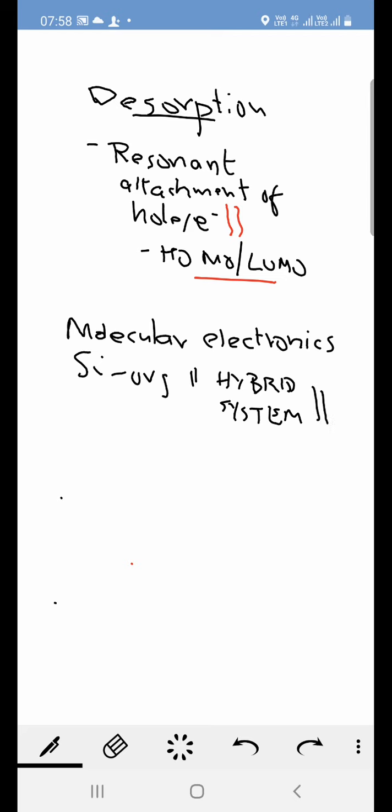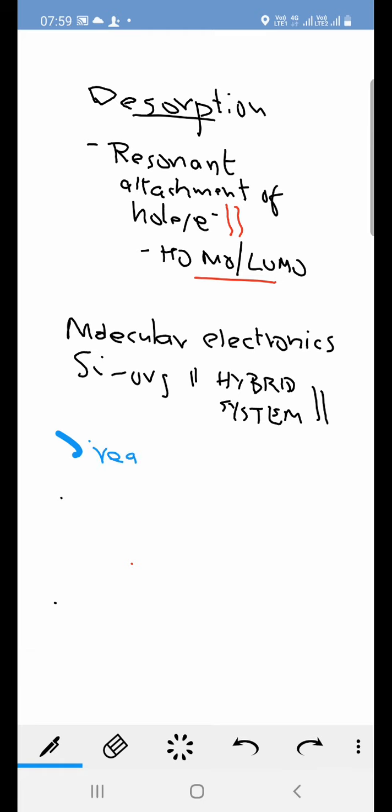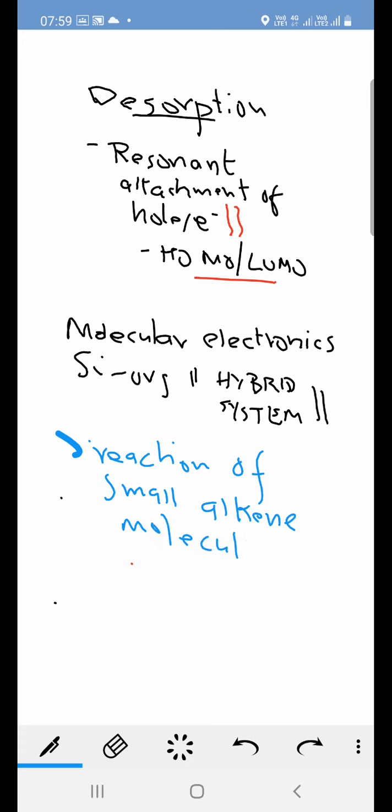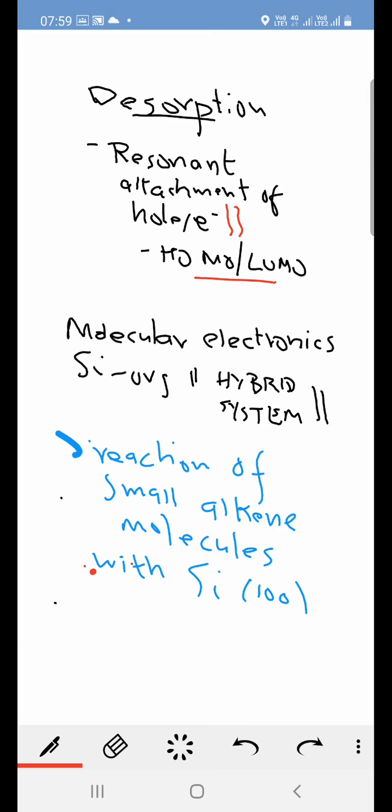In this hybrid system, there is a reaction of small alkene molecules with silicon 100, and it is through a process called the surface Diels-Alder process.